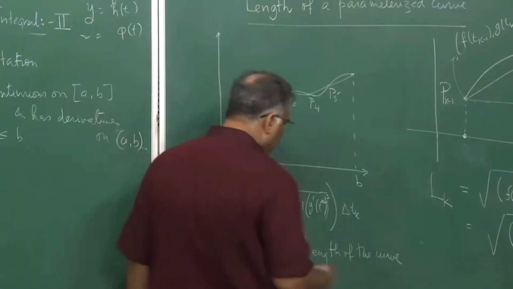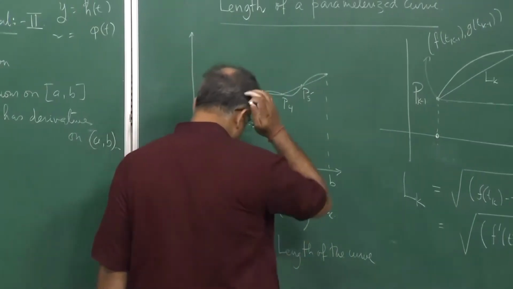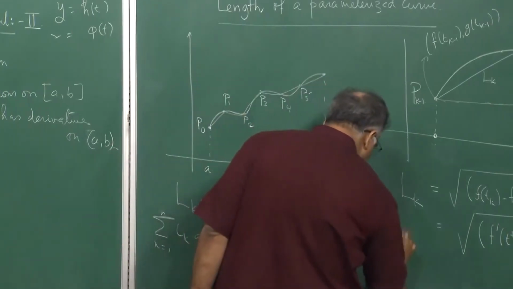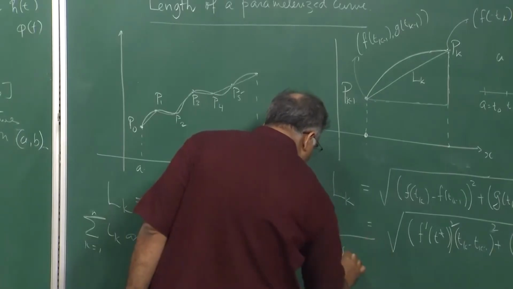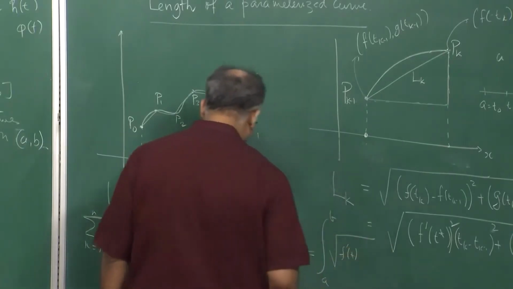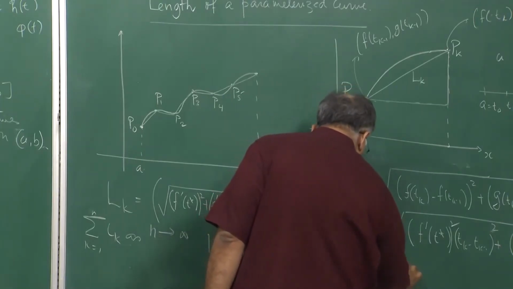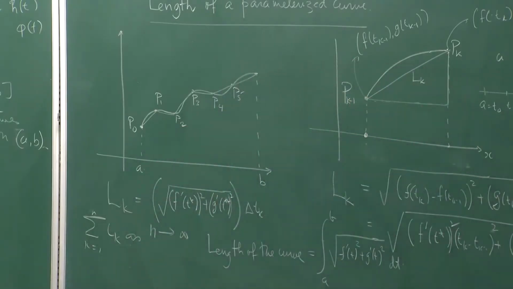So the length of the curve is the integral from a to b of the square root of f dash t whole square plus g dash t whole square dt. That is exactly the length.